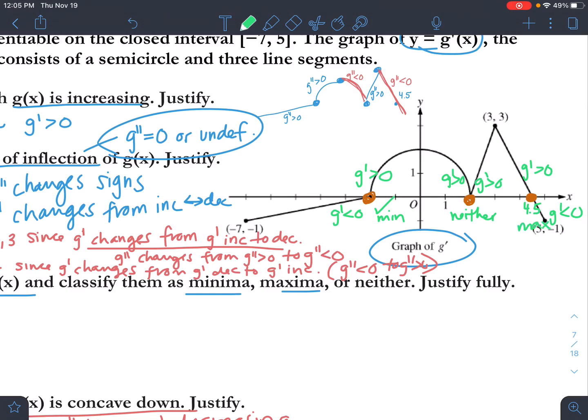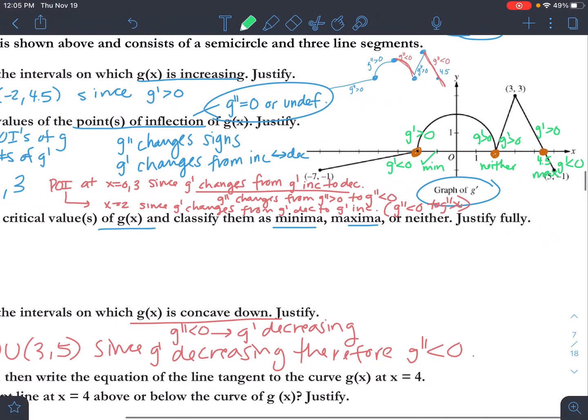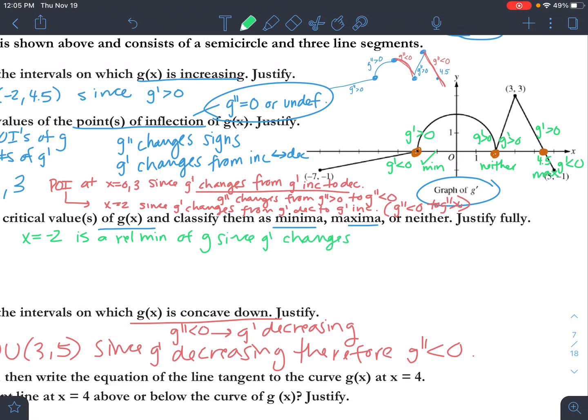So we're just going to write those justifications down, and we should know how to write them from our prior lives here. Okay, so x equals -2 is a relative min of g of x, since G prime changes from negative to positive.